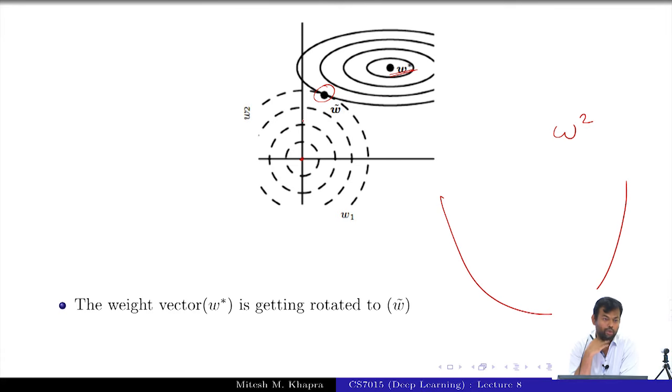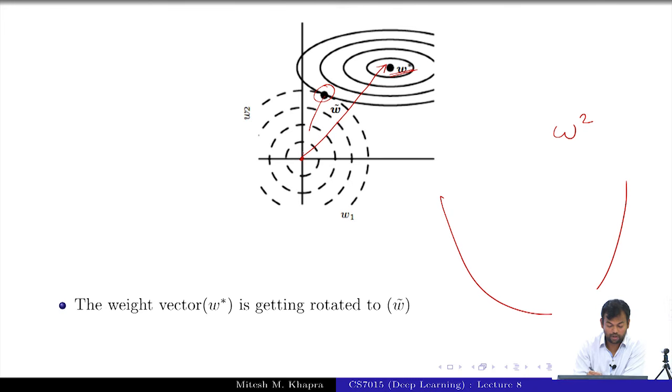We talked about rotation, scaling, dimension specific scaling. This was my original solution vector when I did not have the regularization term. Now what has happened? Rotation has happened. Scaling has happened. More importantly, dimension specific scaling has happened, right?